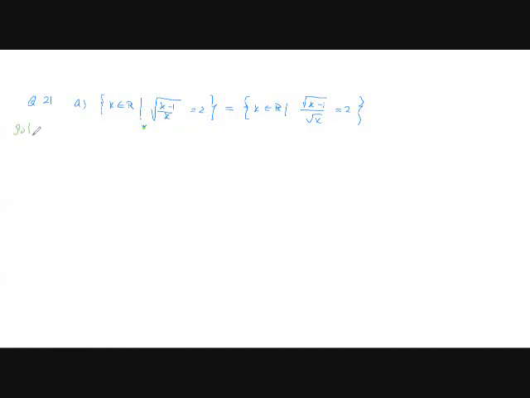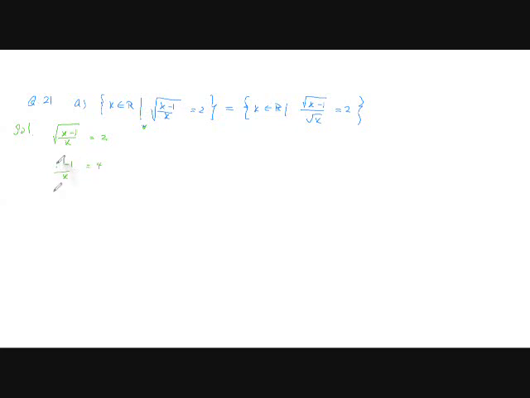Okay. So now we can work from the left hand side here. Say we try this one, square root of (x minus 1) over x equals 2. If we square both sides, we get (x minus 1) over x equals 4, right?